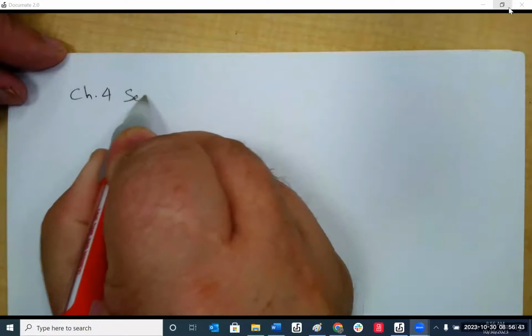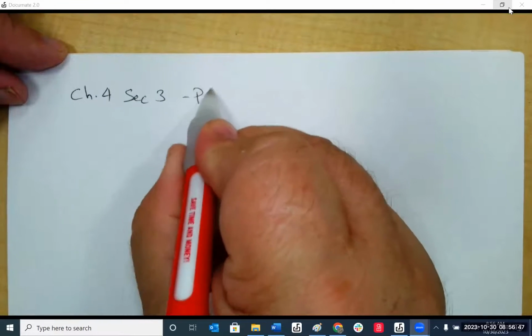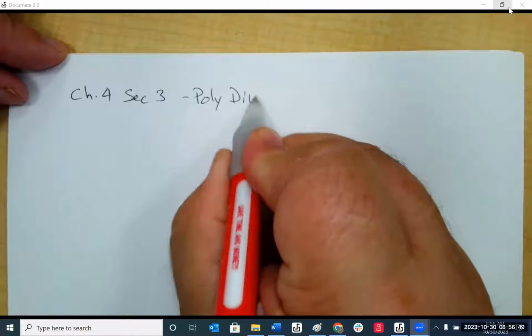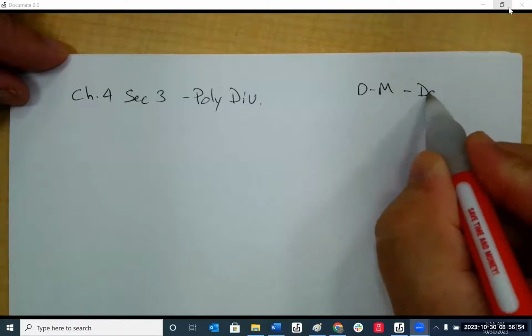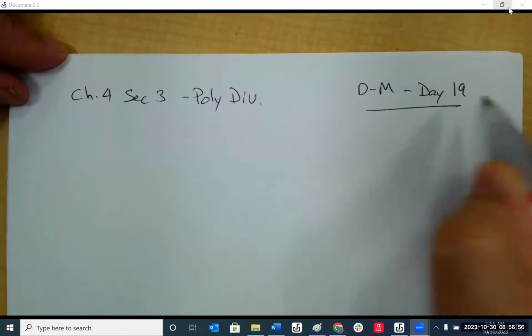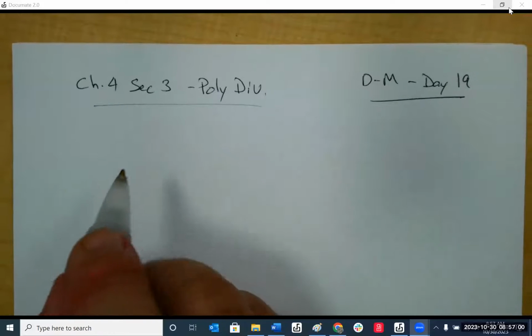Chapter 4, section 3, polynomial division. This is what we're looking for.